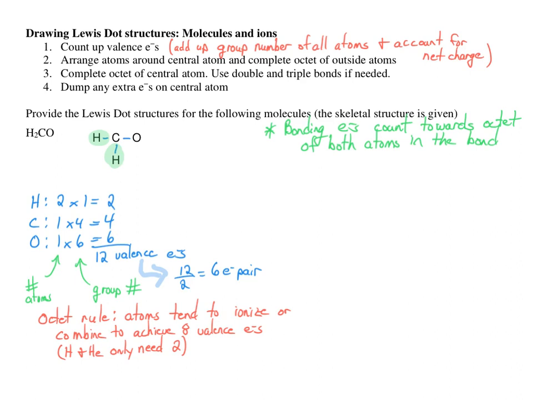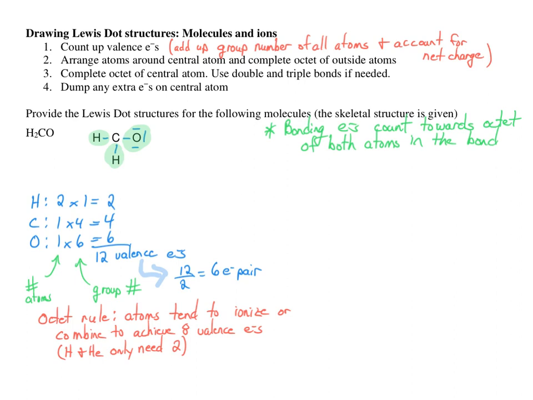Let's look to the other outside atom, oxygen. Thus far, oxygen only has 2 valence electrons. However, we've only used 3 of our 6 electron pairs. So we can put the remaining electron pairs around oxygen, and we see now oxygen has a complete octet, i.e. it has 4 electron pairs, 1, 2, 3, 4.